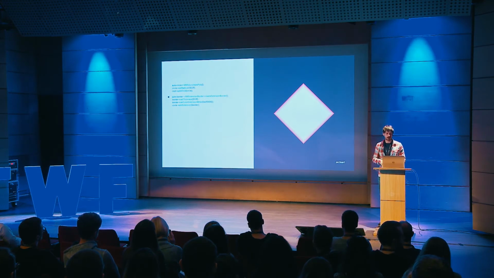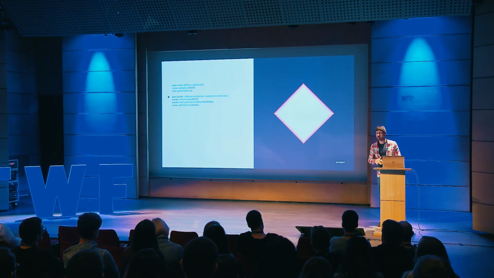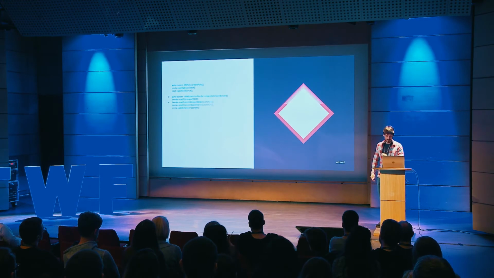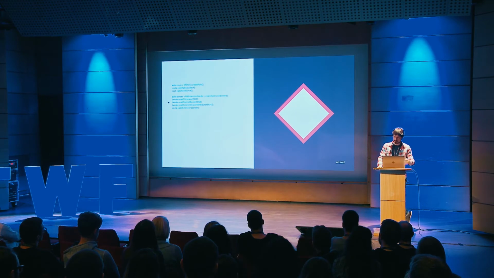We instantiate that, we set the thickness to 20, set the color to some shade of red, and then add that extension to the geometry. So the extension doesn't really care to what geometry it's added, it will always do the same stuff, and in this case, add a border to it. The border itself also has some options. You can set it to distinct, you can set it to round, and it will then always be reflected in that.